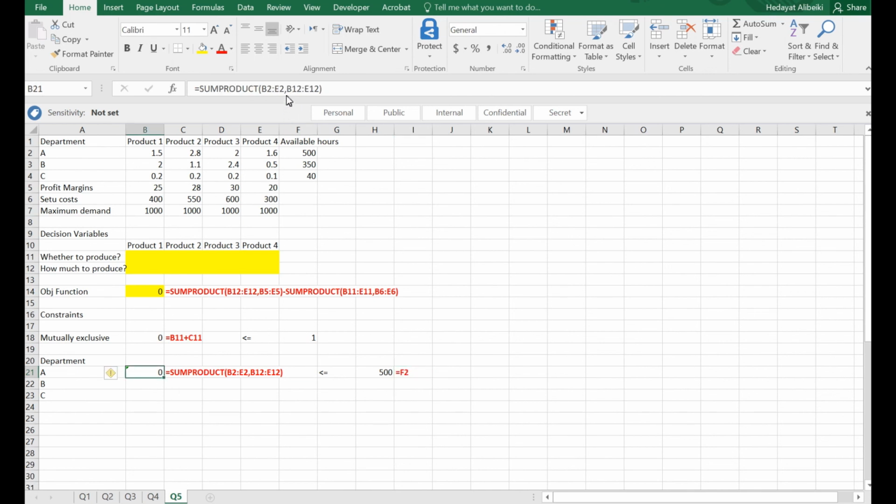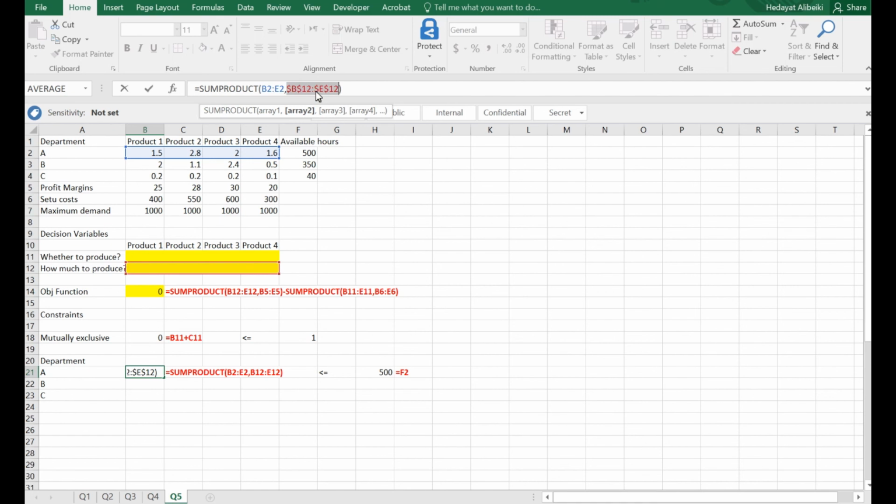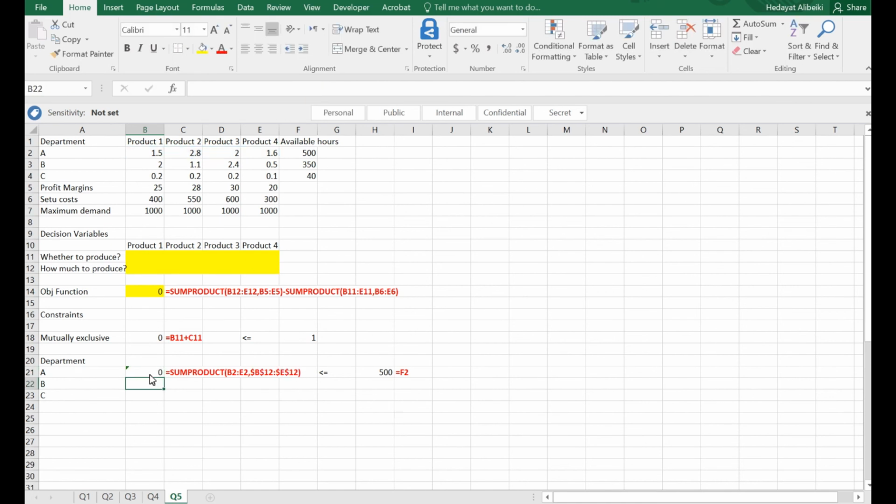And then in order to be able to copy this formula, I'm going to fix my decision variables, and then drag it down. Actually, it's going to be all right.